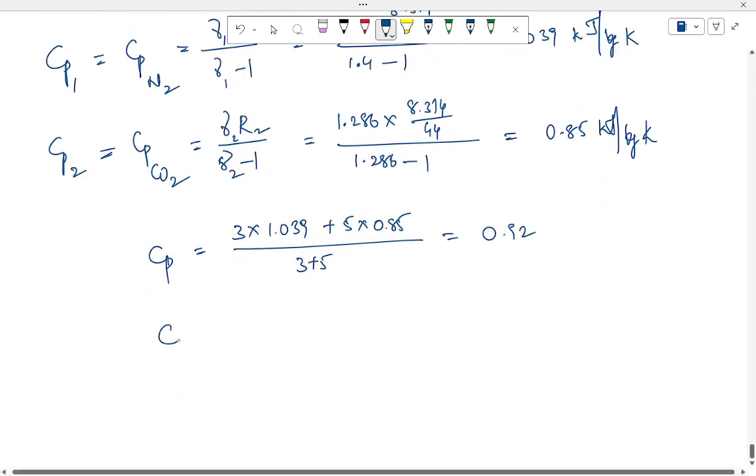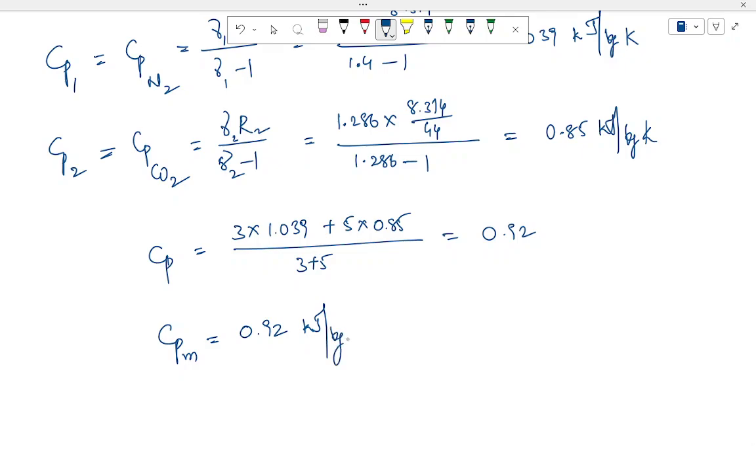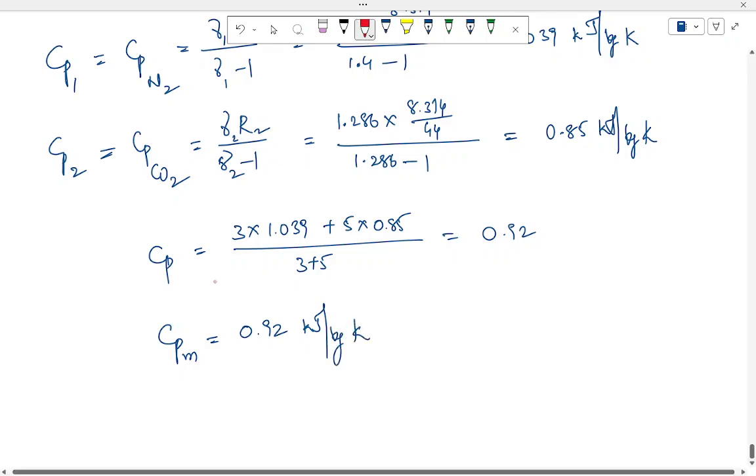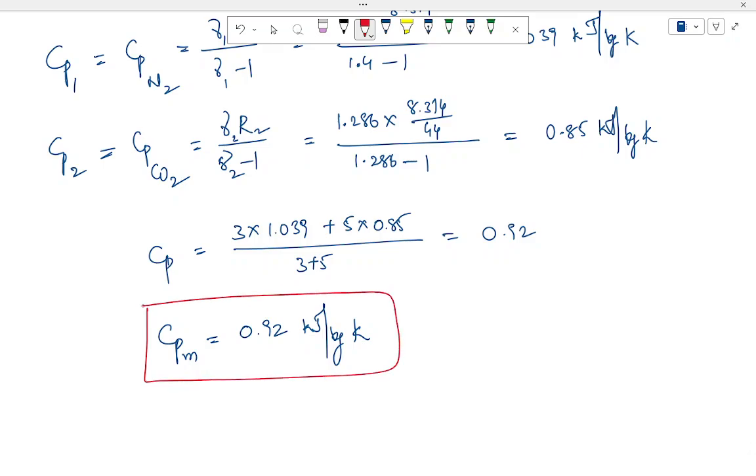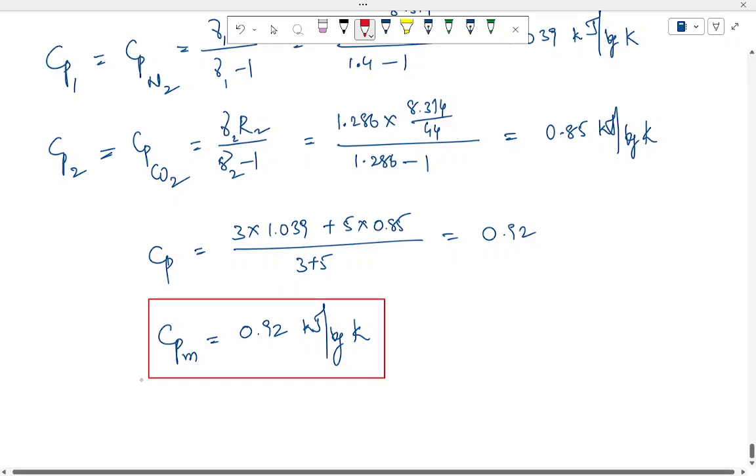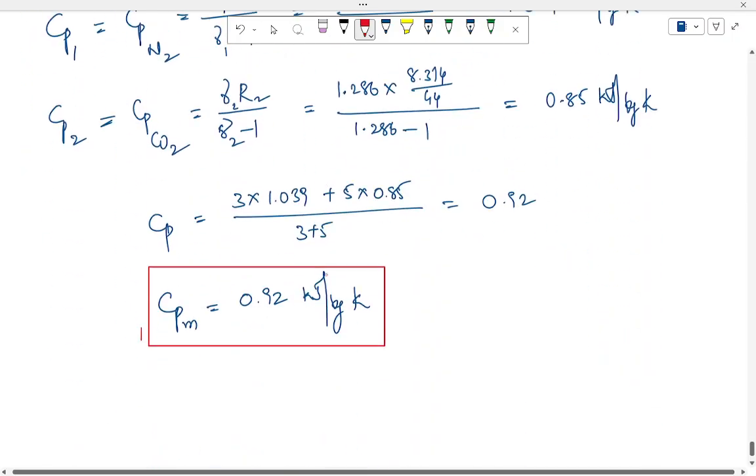So the Cp of the mixture will be equal to 0.92 kilojoule per kg Kelvin. So that is the Cp of the mixture, and now we can move to the Cv of the mixture.